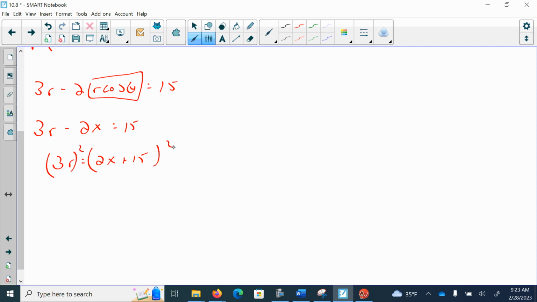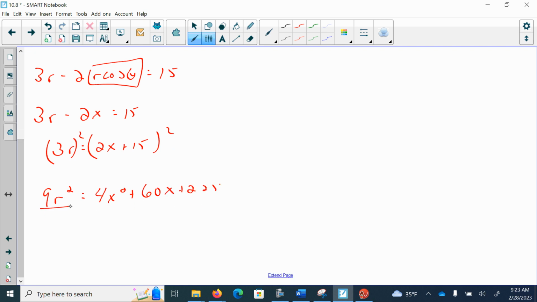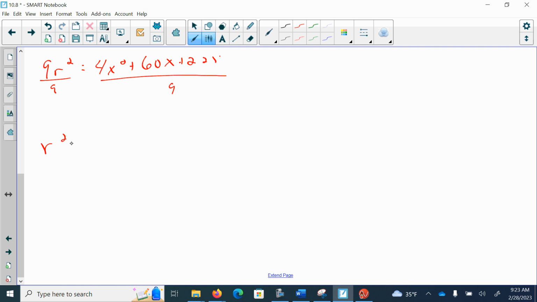So I'm going to have 9r squared is equal to, and then I have to FOIL, so this will be 4x squared plus 60x plus 225. Then I'm going to divide by 9. I'm going to leave it like that for a second. So I'm going to have r squared is equal to 4x squared plus 60x plus 225 over 9.